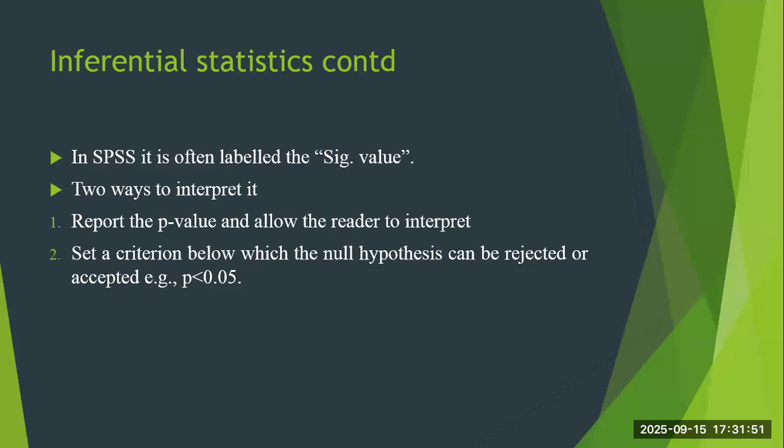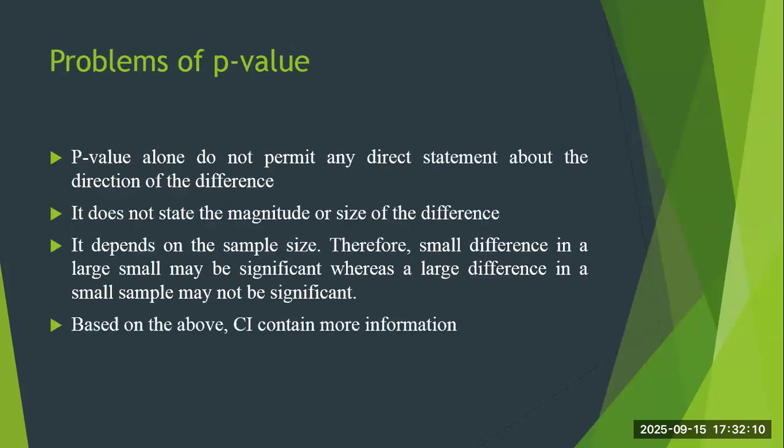So we set the criteria for which we will either accept or reject our hypothesis from the start. But you can also report your p-value and allow other people to interpret it however they want. Either way is okay, but many of us just give a cutoff value in our research.